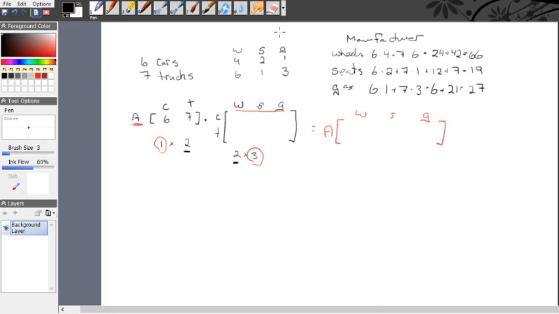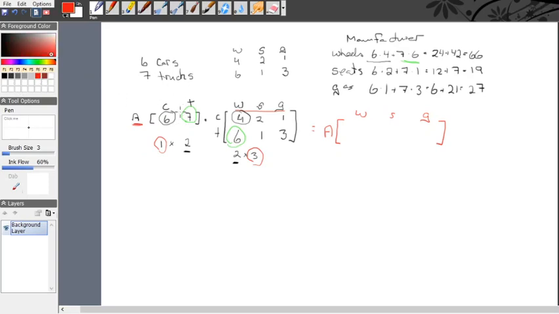So going back, what do we know? Cars take 4 wheels, 2 seats, 1 gas tank. Trucks take 6 wheels, 1 seat, 3 gas tanks. We can see the pattern in the multiplication already: we did 6 times 4 plus 7 times 6, row times column.